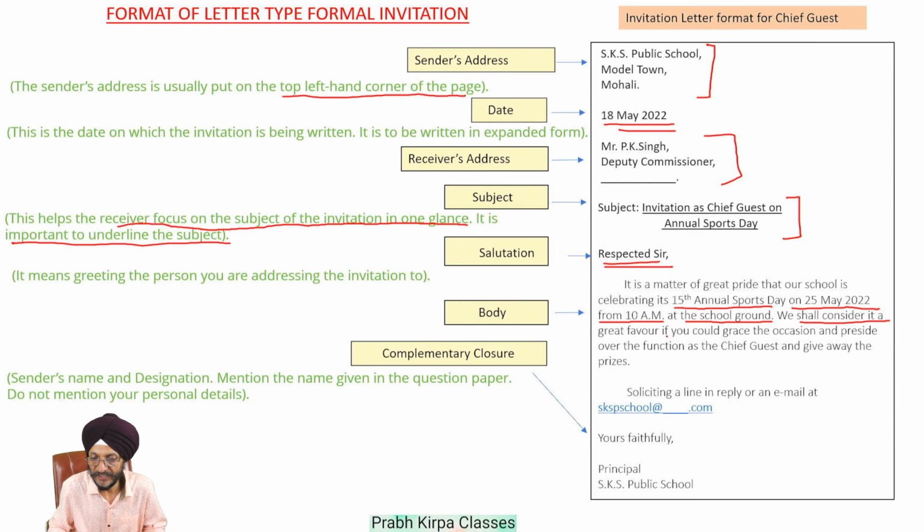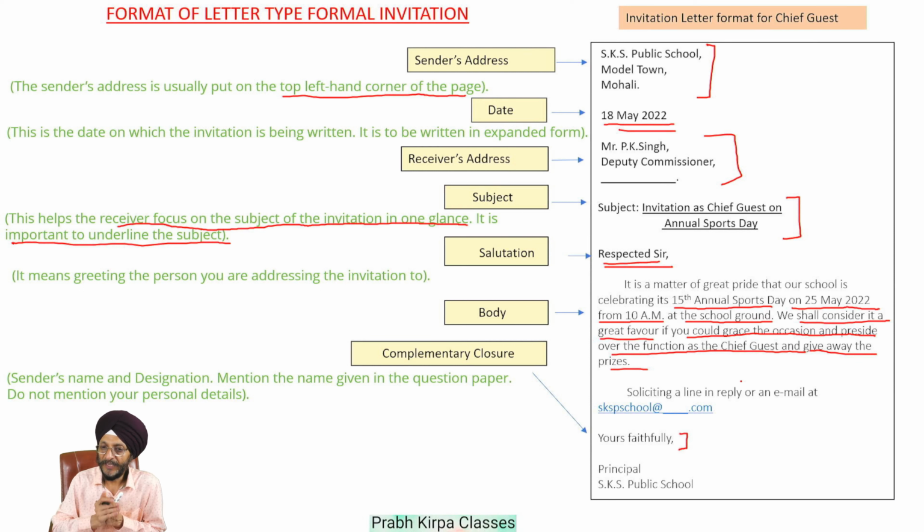We shall consider it a great favor if you could grace the occasion and preside over the function as chief guest and give away the prizes. After all this, there is the complimentary closure. We normally write Yours faithfully.